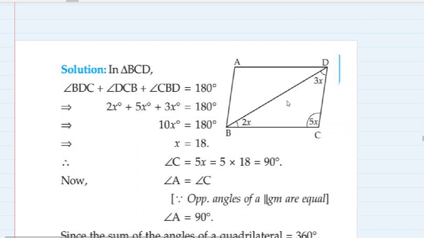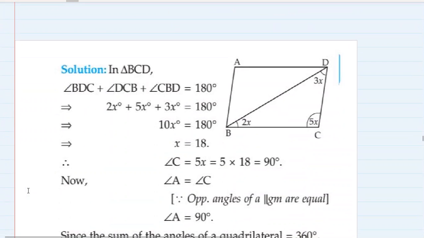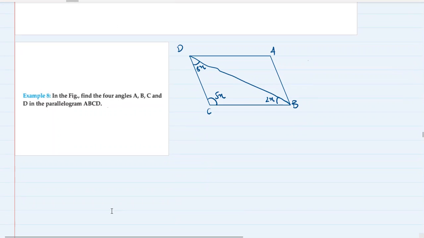Okay, so we have 2x, 3x and 5x. We have to find all the 4 angles of the parallelogram given this information.